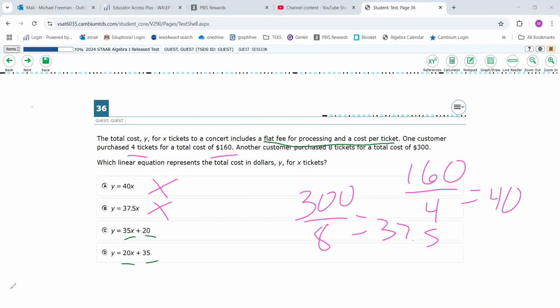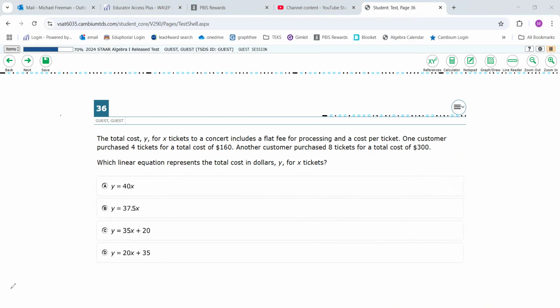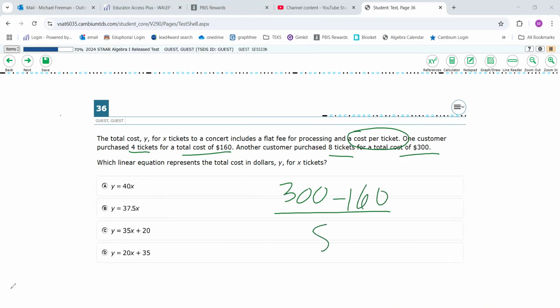So let's clear this. Let's think about it. Let's figure out how much each ticket costs, right? The difference between 4 tickets and 8 tickets, and the difference between 160 and 300. If we're trying to find cost per ticket, that means our cost should be on top and our tickets on the bottom. So what's the difference in our cost divided by the difference in our tickets?